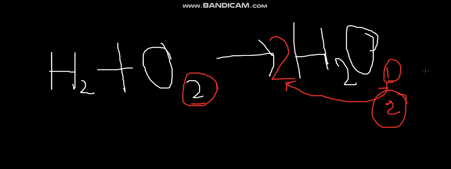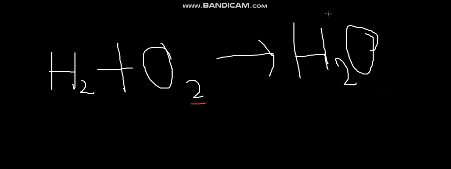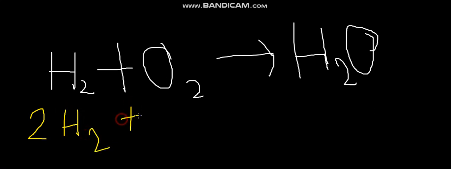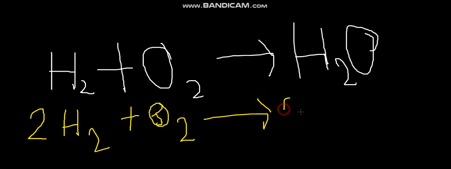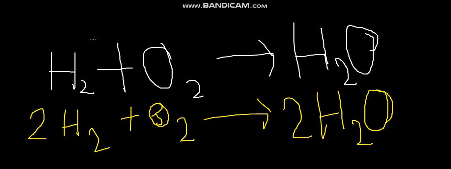If we write it down clearly, it looks like this: 2H2 plus O2 gives 2H2O. And now this is fully balanced. We have just balanced a chemical equation.